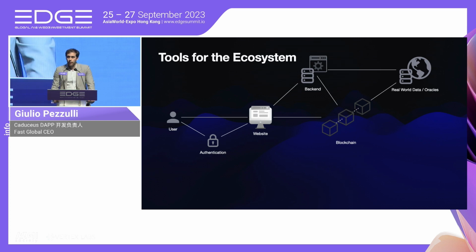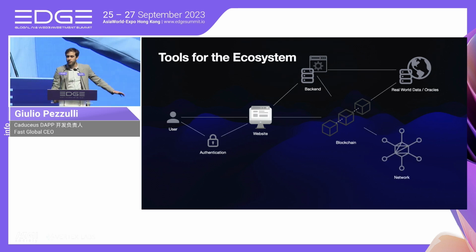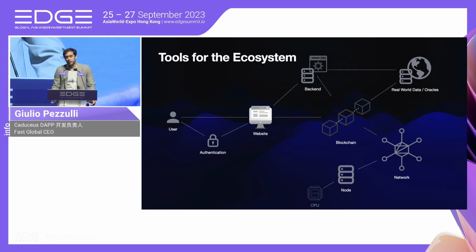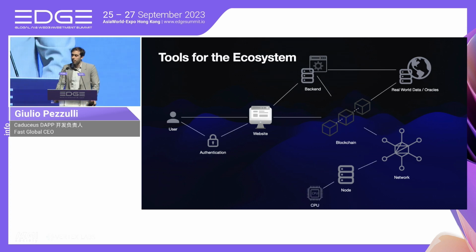Now, of course, a blockchain is a network. It's a network of globally distributed nodes. And these nodes have hardware resources available. In fact, the Caduceus nodes have a CPU or multiple CPUs.